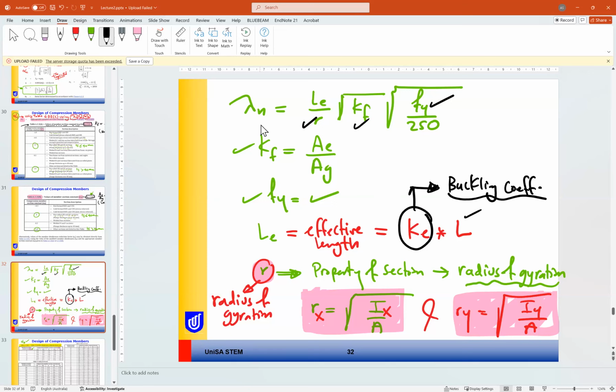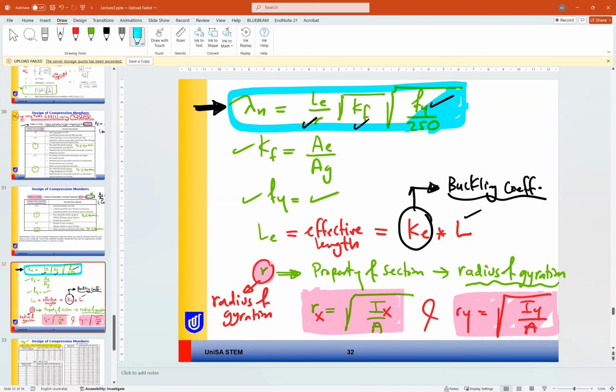So what is the only thing we need to find our target lambda n? This is our formula, plus the formula to finalize the member capacity. The only thing we still struggle to find is Le. So Le is Ke times L. So we need to find Ke.